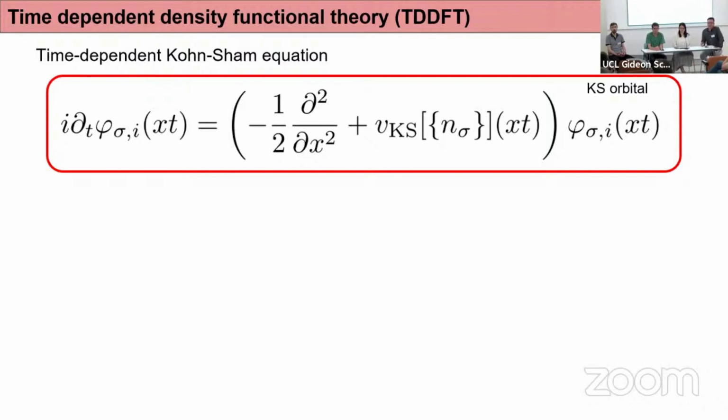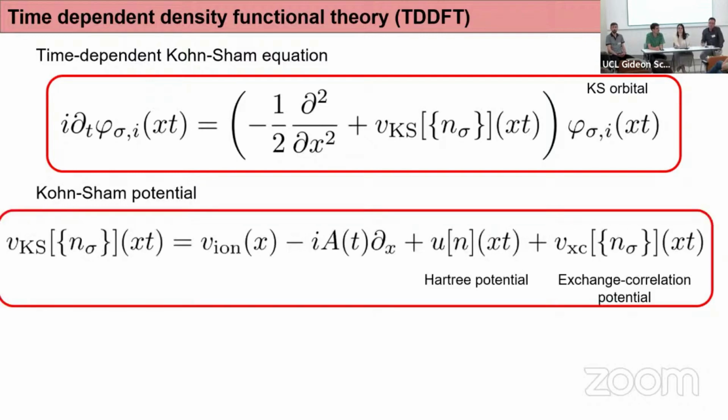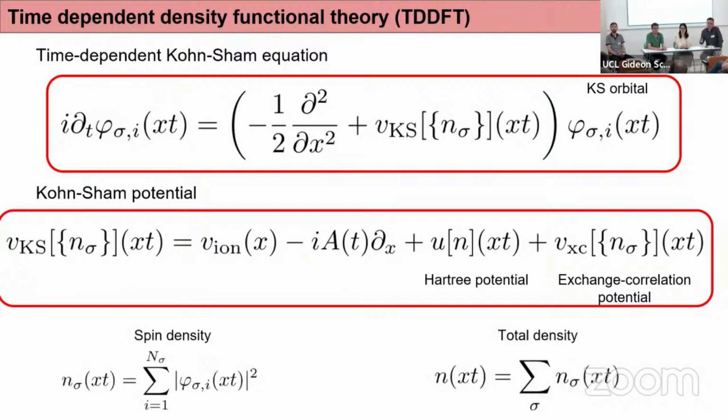So you solve these equations for the Kohn-Sham orbitals, where you have first the kinetic part, and then this Kohn-Sham potential, which includes the interaction with the ions, with the laser, and also these two other potentials: in one case the density-dependent Hartree potential, which describes the Coulomb interaction with the gas of electrons, and then the exchange correlation, the spin density dependent exchange correlation potential.